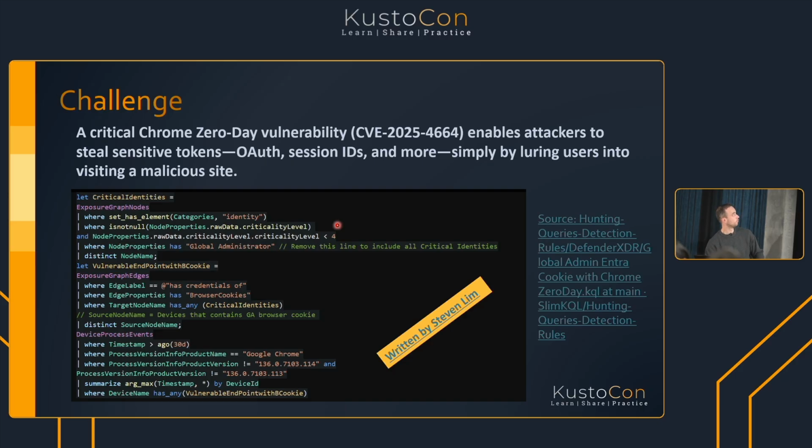There's an example I want to demonstrate from Stephan Lim, because this shows you what correlating different tables, even with other tables, is capable of. In this case, what he wanted to achieve was to address a critical Chrome zero-day vulnerability, which enables attackers to steal sensitive tokens, like OAuth, sensitive IDs, and more, simply by luring users into visiting malicious sites.